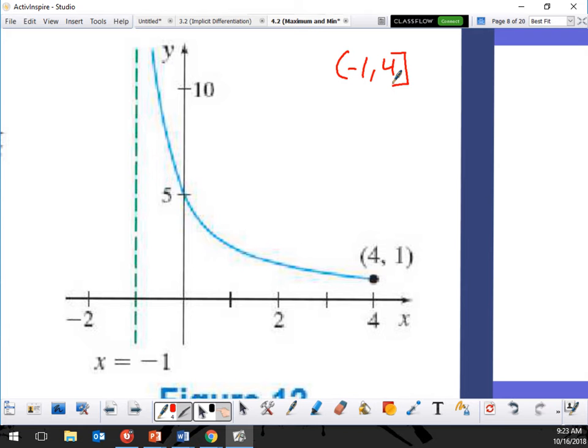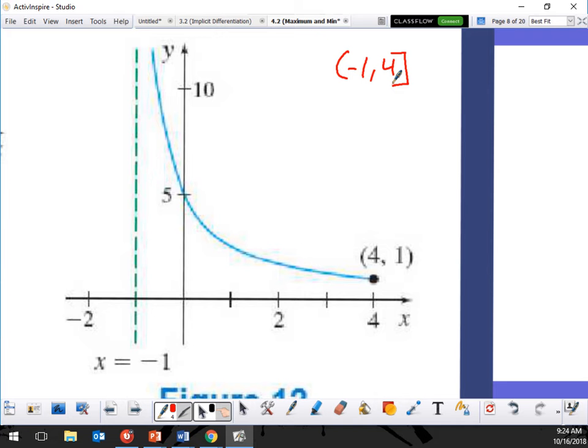So we can have an absolute minimum because this is closed here. So we have an absolute minimum there because I can include that value right there. Okay, that's good. But no absolute maximum, right? What is the absolute maximum here going to go up to? Infinity. Why? It's the asymptote. Yeah, very good. It's approaching that asymptote.